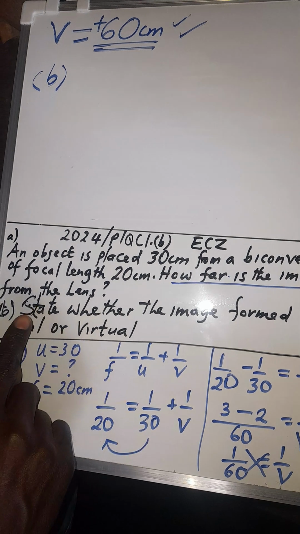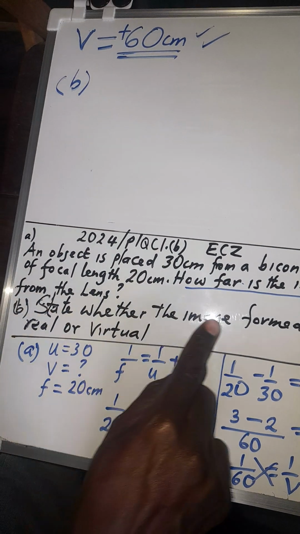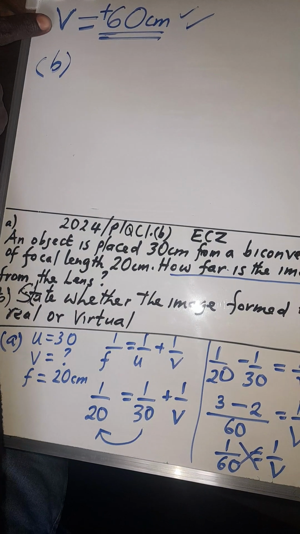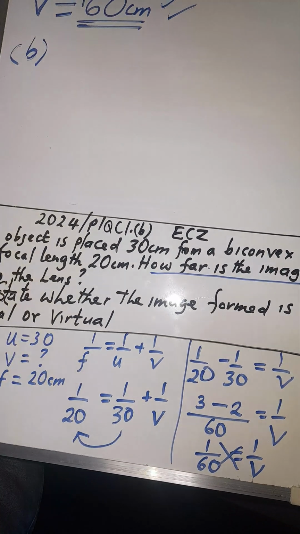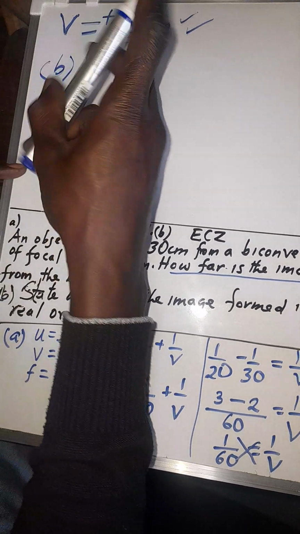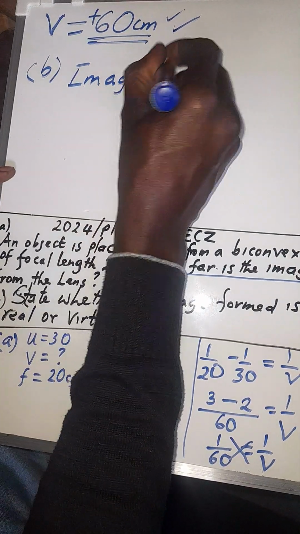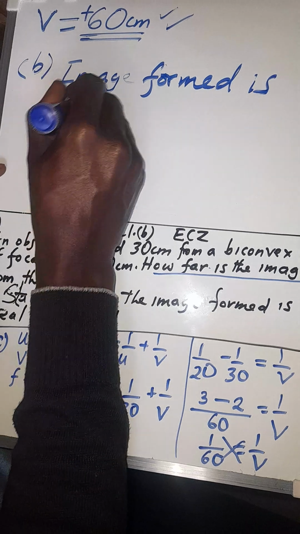Now question B says state whether the image formed is real or virtual. Remember what we said: when your image distance is a positive value, as we have gotten here, it simply means the image formed is real.